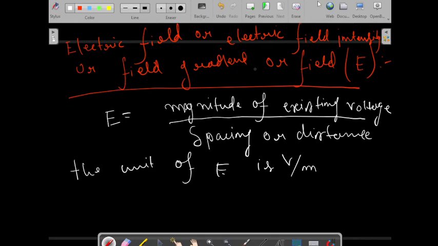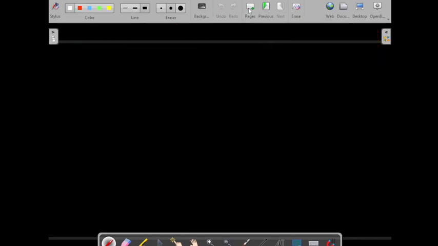Here I would like to give an example of an electric field and analyze it. Let's take a uniform semiconductor.